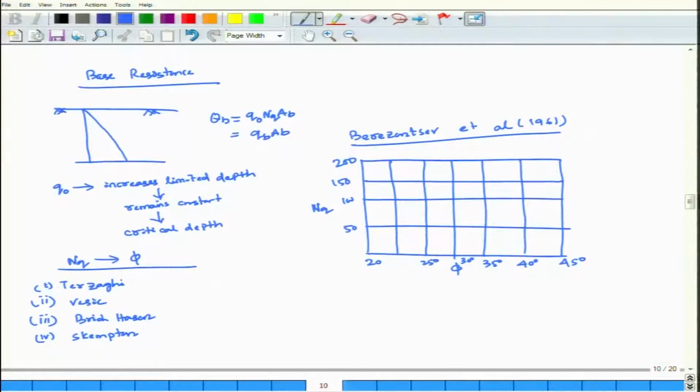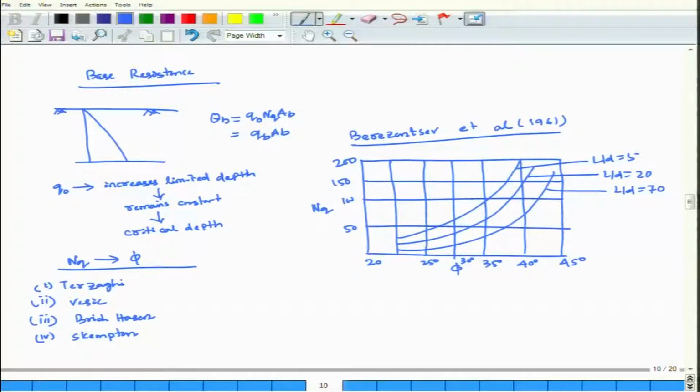So, these values they have given for different L by D ratios. First one is L by D equal to 5, second is L by D equal to 20, third is L by D equal to 70.